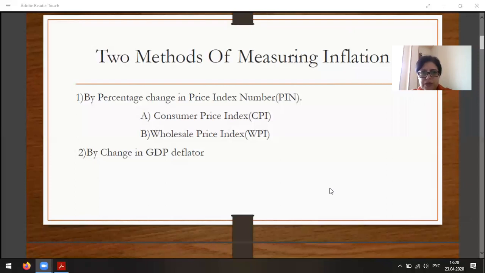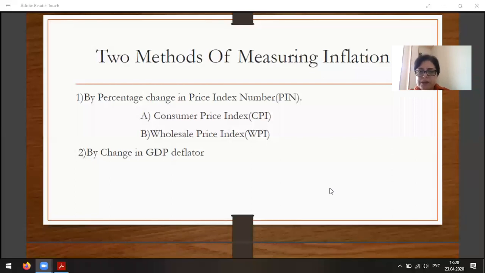So today we'll discuss the methods of measuring inflation, in terms of precise quantitative methods available for calculating the inflation rate. If you remember the previous lesson, we discussed inflation in terms of the causes of inflation.